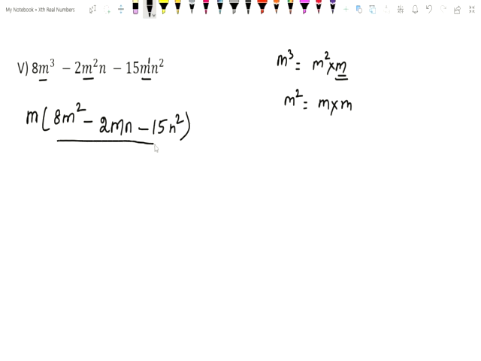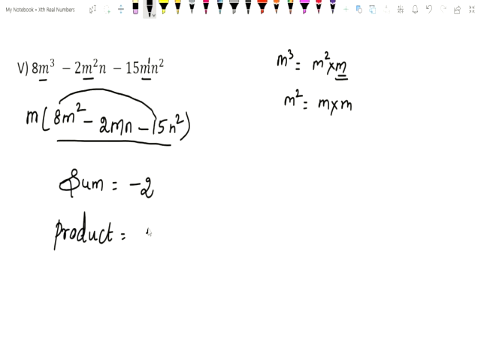This one I am going to factorize. In this, the sum equals minus 2, because the coefficient of mn is the sum. The coefficient of mn is minus 2, so this is the sum. Next, the product equals the multiplication of the coefficient of m square and the coefficient of n square.